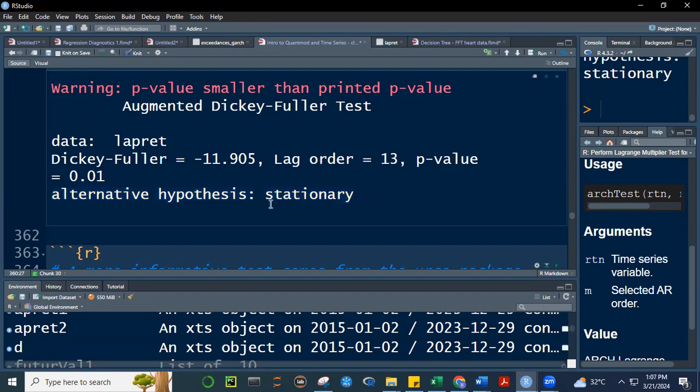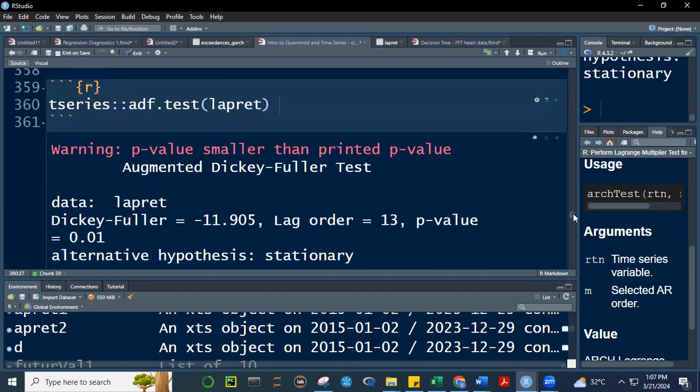Now since the p-value is 0.01, then we reject the null hypothesis that our time series is not stationary. There's no statistical reason to believe that our series is not stationary.